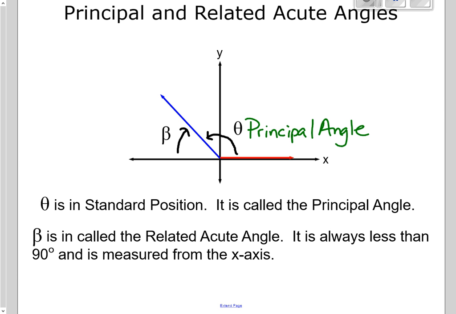Now the other angle that happens to occur is the angle that is created from taking your terminal arm, and it's the angle that's created with the negative x-axis.